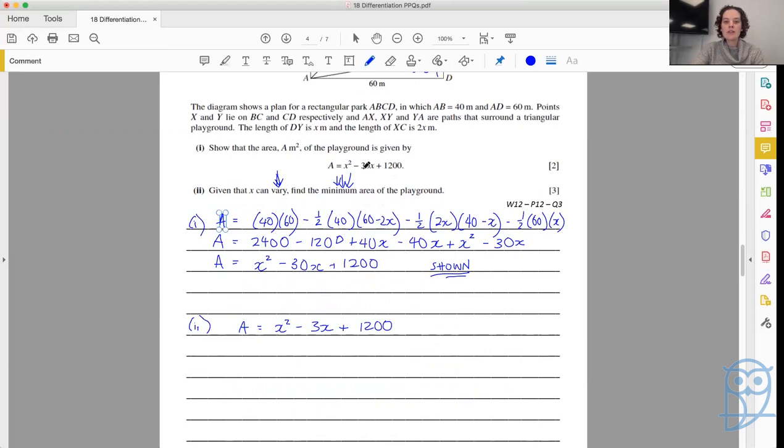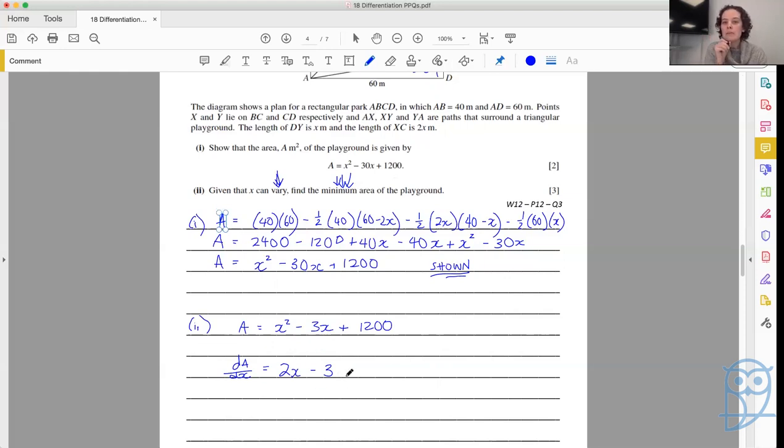Given that x can vary, the area of the playground is going to depend on x. So dA by dx. Doesn't it just work beautifully? Differentiating: x squared becomes 2x, minus 30x becomes minus 30, 1,200 disappears. So dA by dx is 2x minus 30.